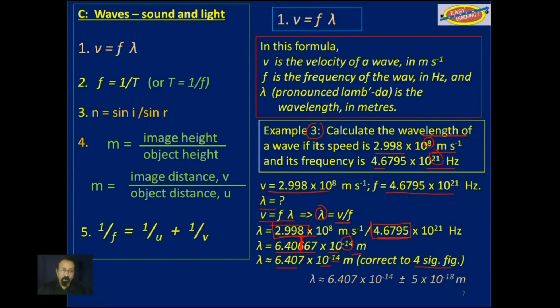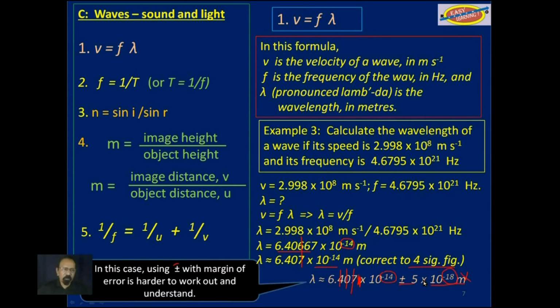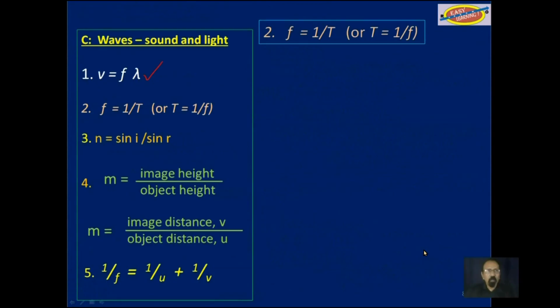Of course, you can write this, which is a little harder to deal with. In this case, using plus or minus with the margin of error is harder to work out and to understand than just to say correct to 4 significant figures. I know I have been saying all along the line that CXC does not accept that, but in this case maybe they would.